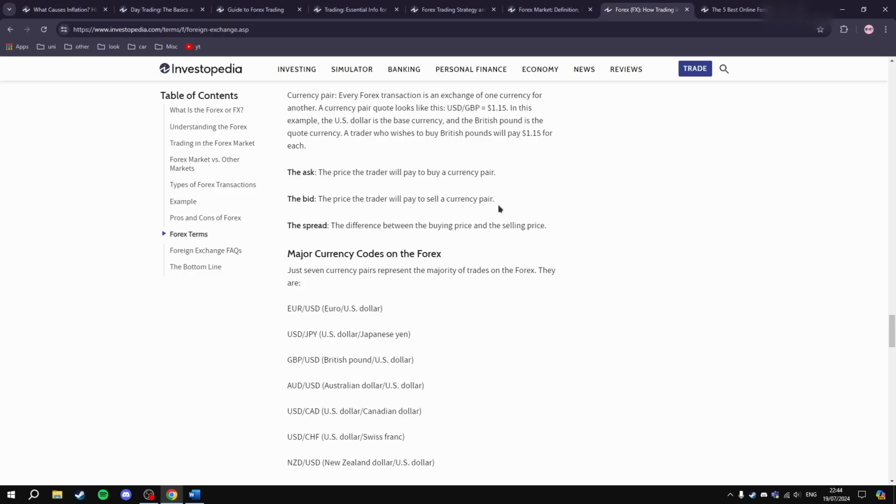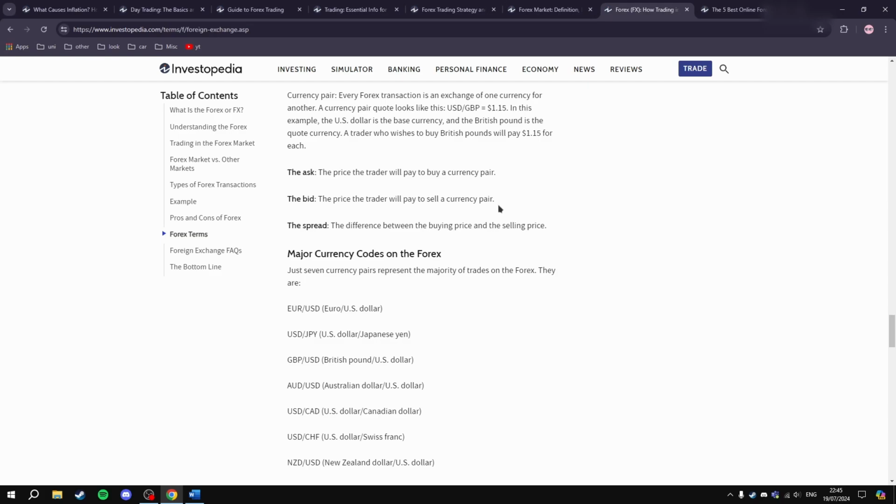A currency pair quote looks like this: USD/GBP equals $1.15. Shouldn't it be 1.15 pounds? In this example, the USD is the base currency and the British pound is the quote currency. A trader who wishes to buy British pounds will pay $1.15 for each. Wait, that's wrong, isn't it? Shouldn't it be the pound sign instead of the dollar sign?